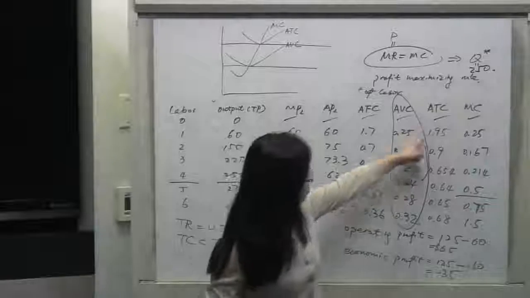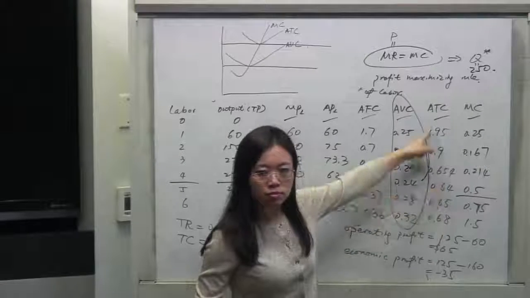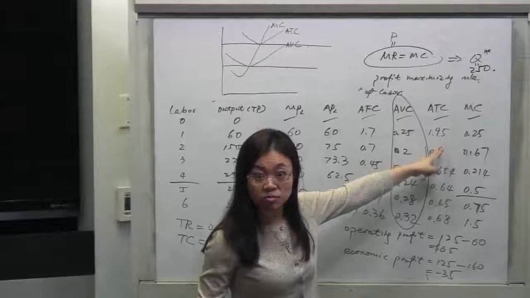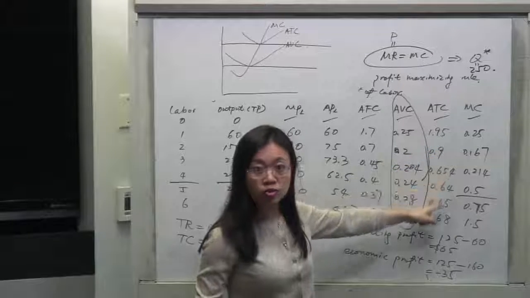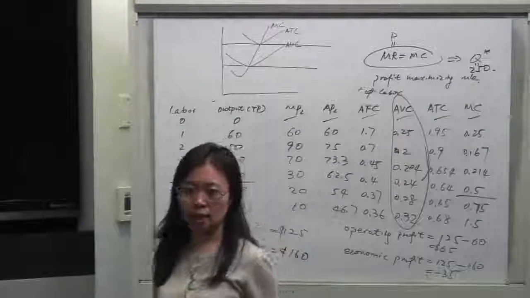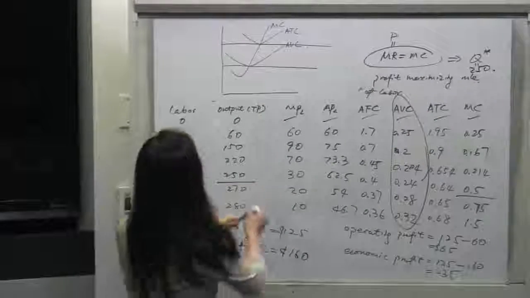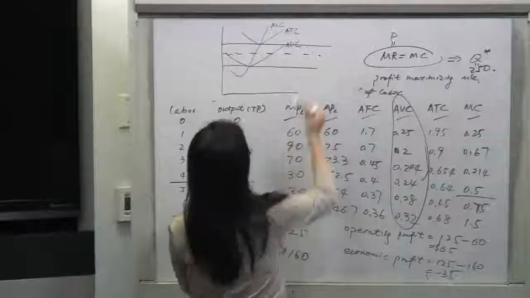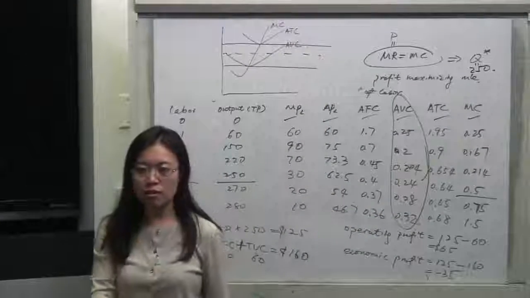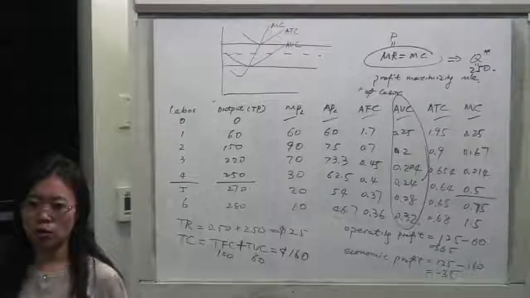Now look at these numbers. These numbers are all above 0.50 cents. So it tells you this price is below ATC. So the price is somewhere here. If you look at these two columns of numbers, you already know where this 50 cents is located.